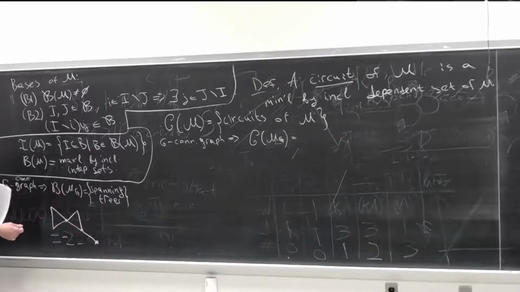The whole graph is not a forest, but there isn't a cycle that contains all the edges unless you're allowed to go back and forth. Yeah, so a dependent set indeed has to have a cycle, but a circuit is a minimal dependent set.